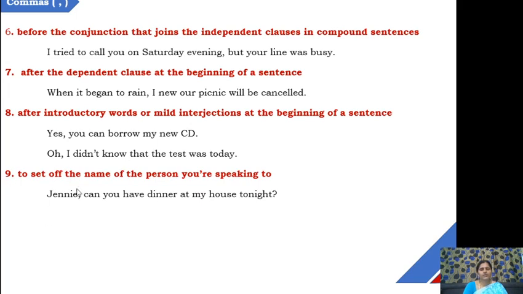When you are writing dialogue, we use a comma after the name of the person we are referring to. Jenny, can you have dinner at my house tonight? So this is the name of the person. To set off the name from what you are going to say, we use a comma.